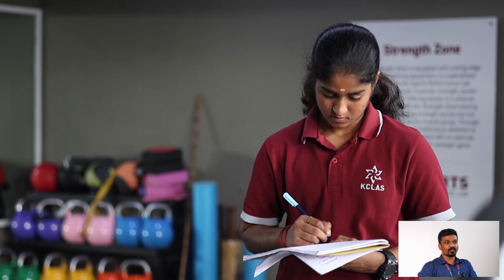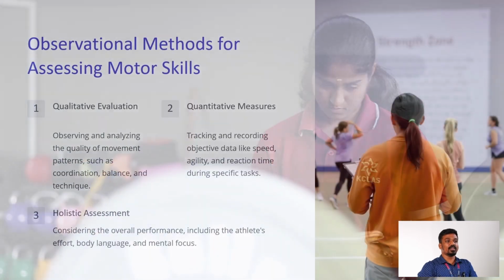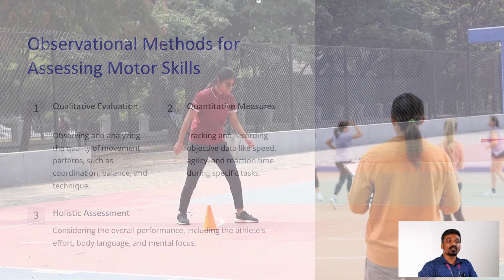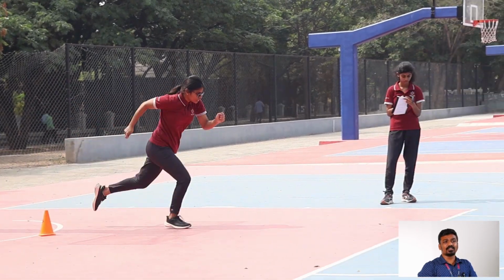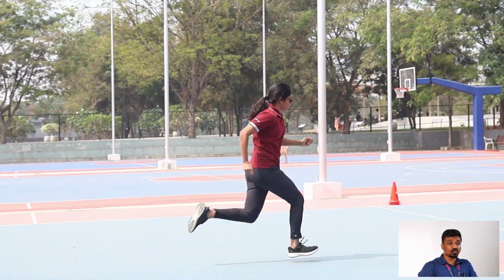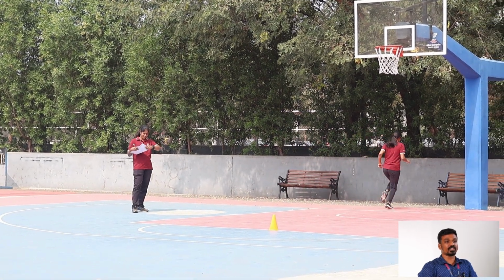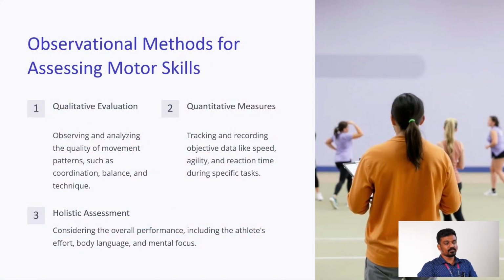This focuses on the quality of an athlete's movement, including their technique, coordination, and efficiency. For example, when evaluating a runner, we might look at the stride length, the arm swing, and also the overall posture to judge the effectiveness of their technique.